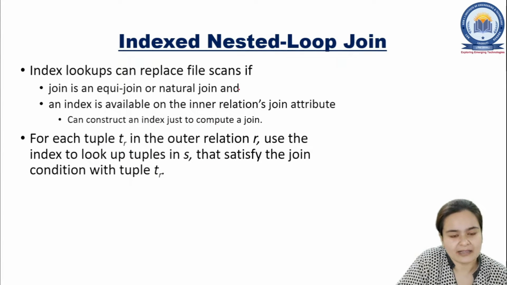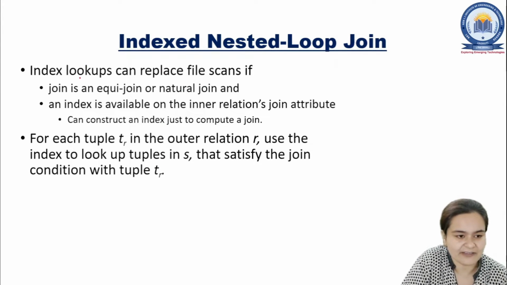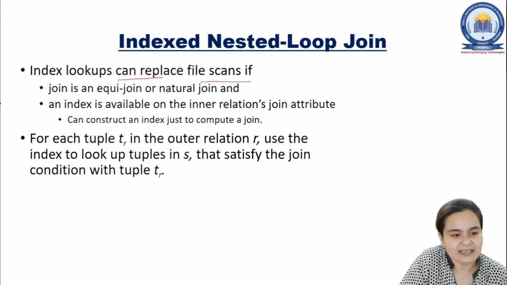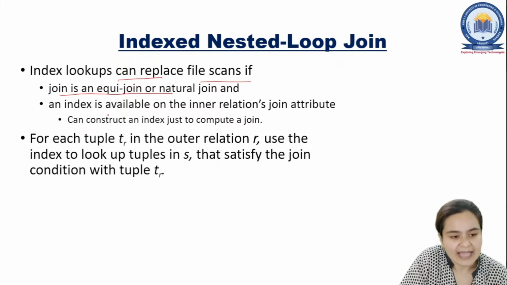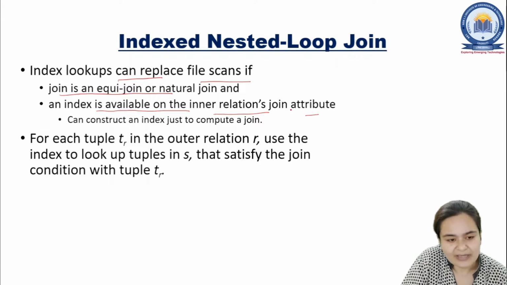Moving on to indexed nested loop join, which is one of the improvements that can be made over the previous 2 strategies we have seen. Index lookup can replace the file scans if the join is an equijoin or a natural join, and an index is available on the inner relation's join attribute.